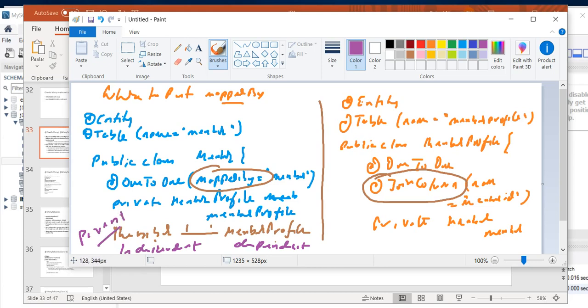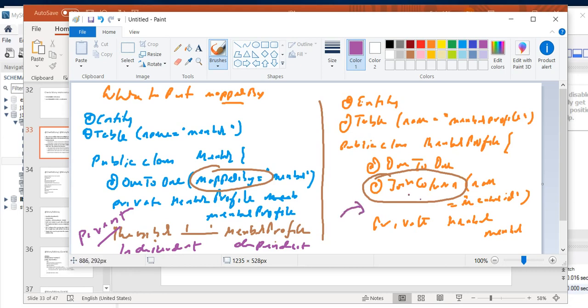Okay, now once we define the relationship one-to-one and which one is the dependent and which one is the independent, then we can put the join column on this dependent table.